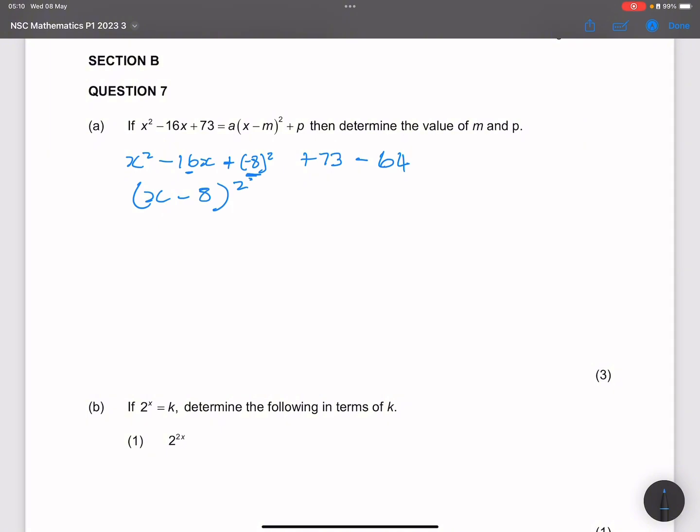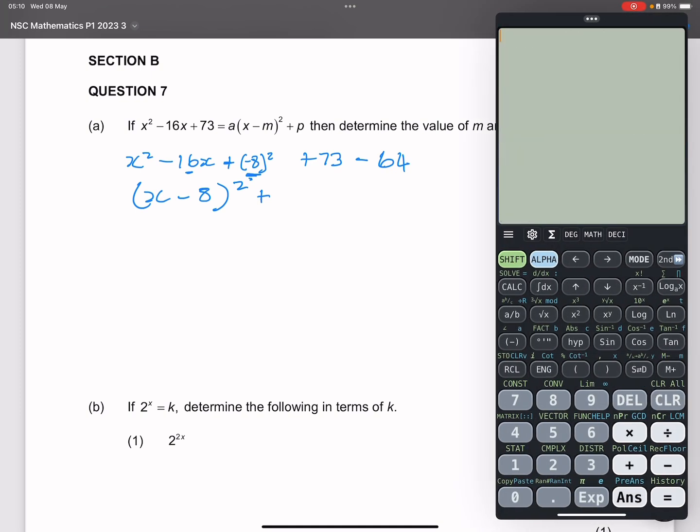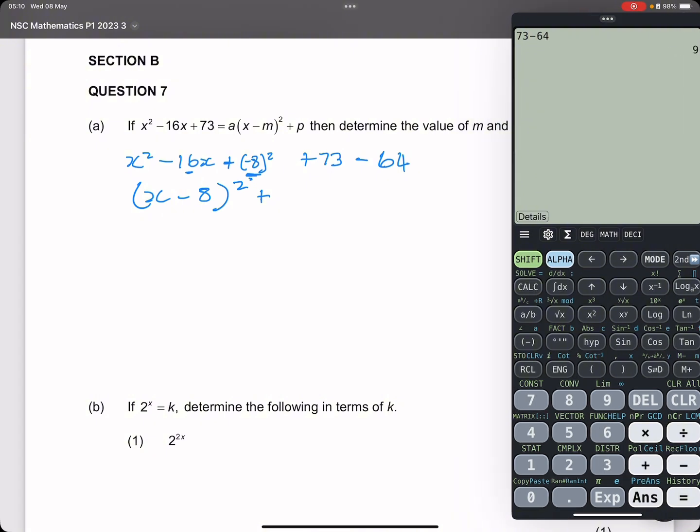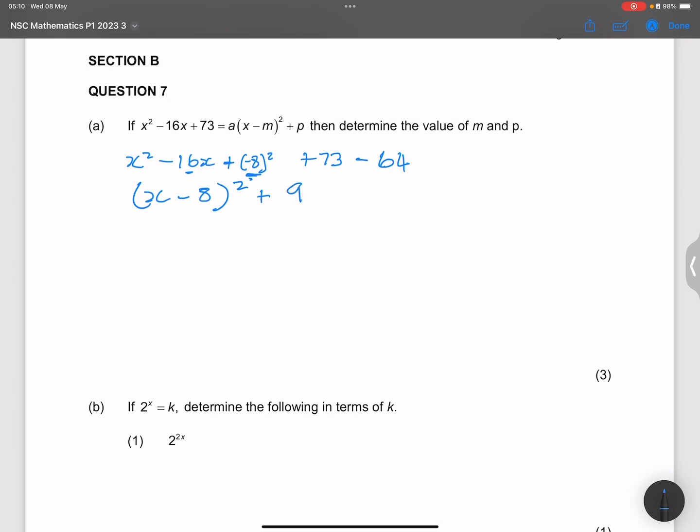So that's x minus 8 squared plus, we've got 73 minus 64, this is me being lazy, that is plus 9. So in this case, this is equal to a, so our a value is 1.